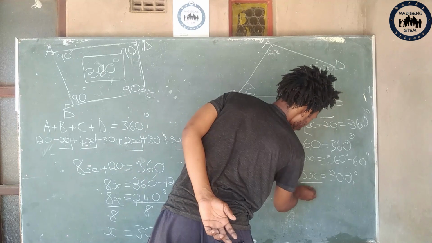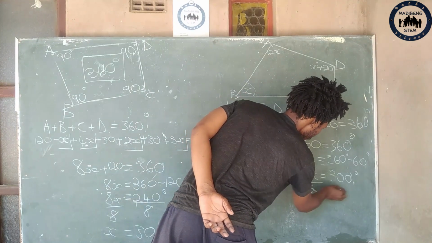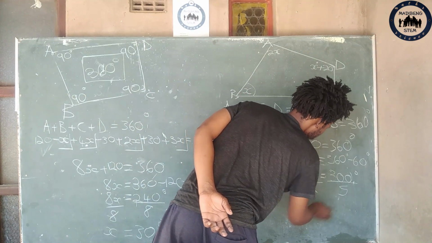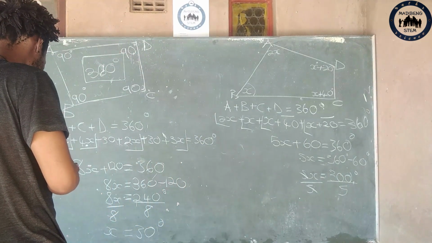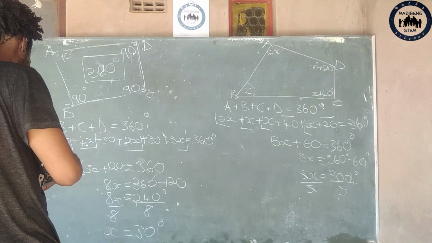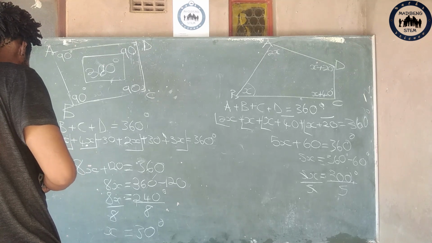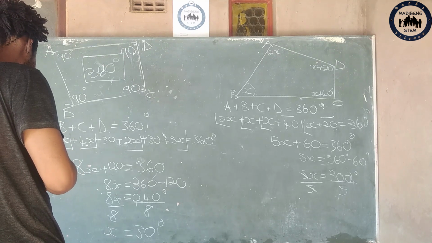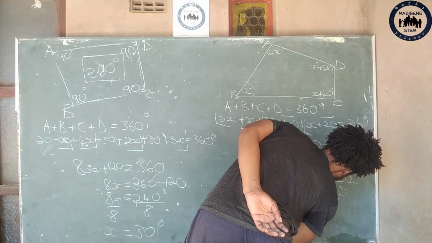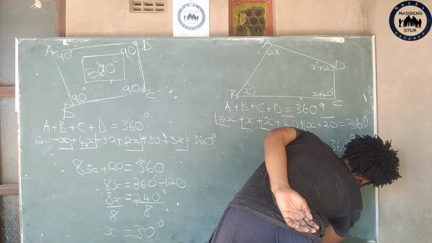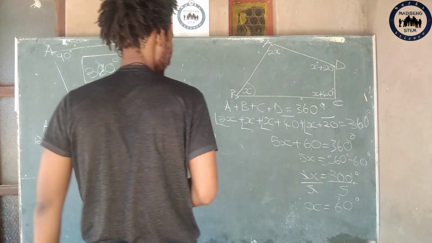So we divide by 5. 300 divided by 5 is what? It's 60. x is equal to 60 degrees.